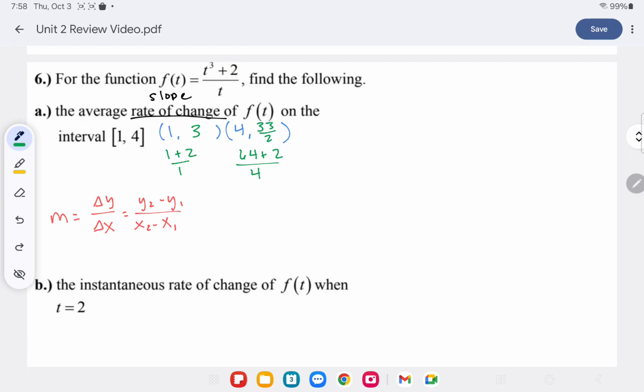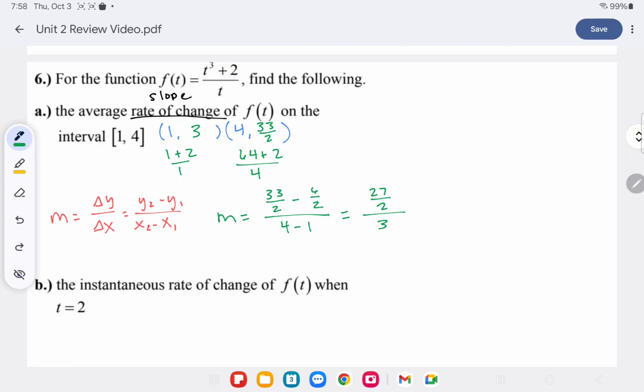And then I'm going to use my slope formula. So 33 over 2 minus 3, I'm going to write that 3 as 6 over 2, all over 4 minus 1, so it got a little messy. 27 over 2 over 3.